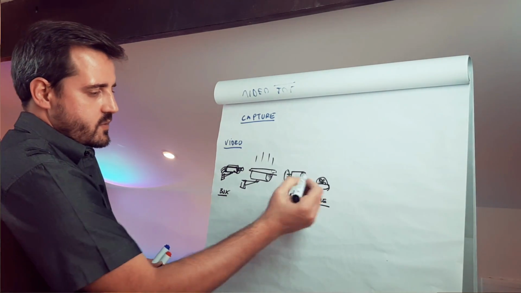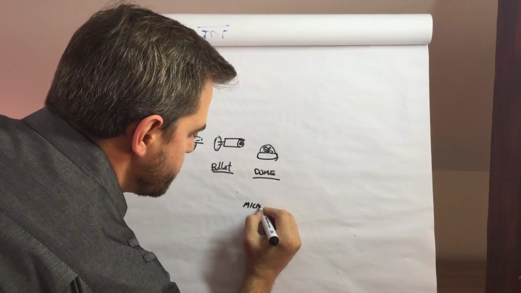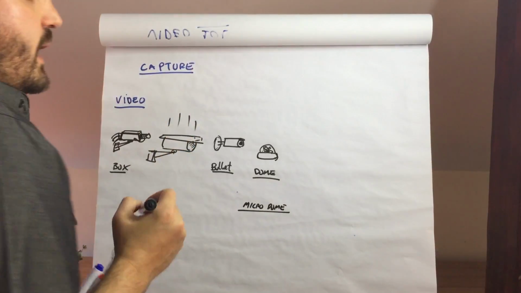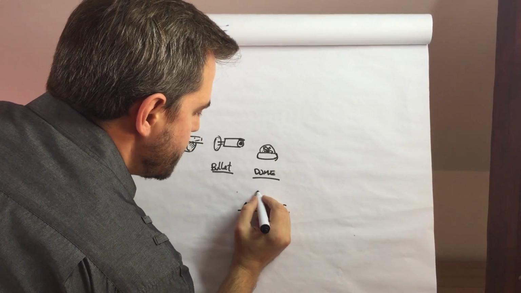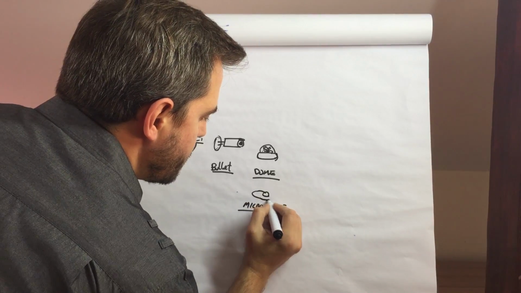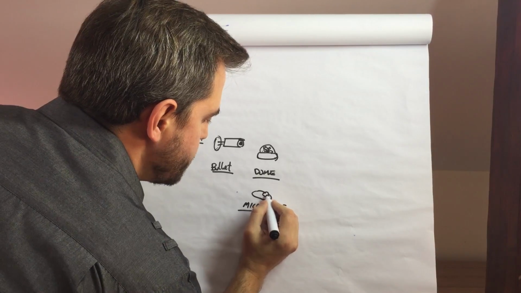In the dome part we have another subtype, which is the microdome. A microdome is basically the same thing as a dome, but we have a very tiny dome in a specific area.